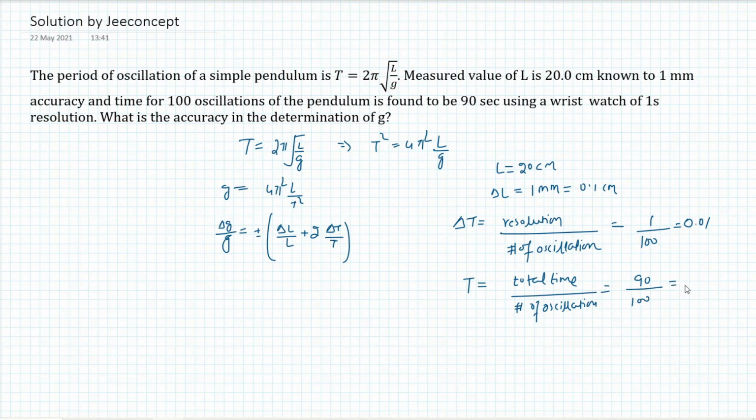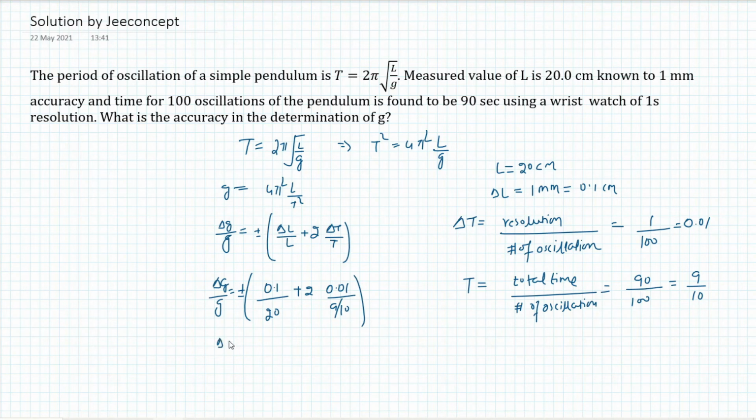So this will become 9 by 10. Using all these values in this formula, delta g by g will become plus minus delta L is 0.1 upon L is 20 plus 2 times delta T, which is 0.01 upon 9 upon 10.